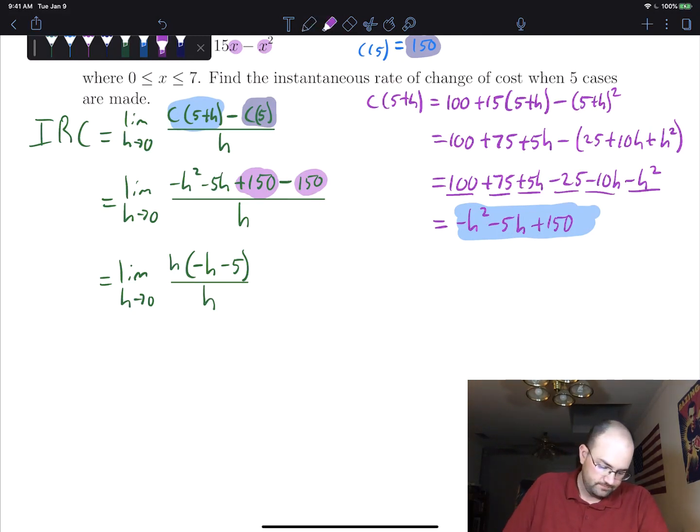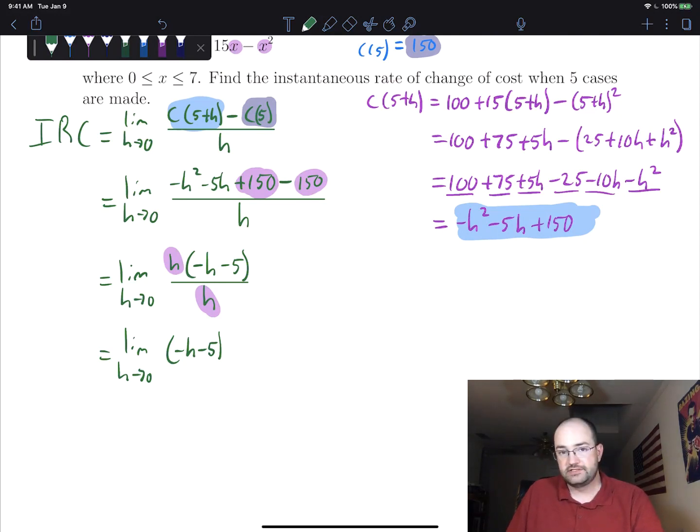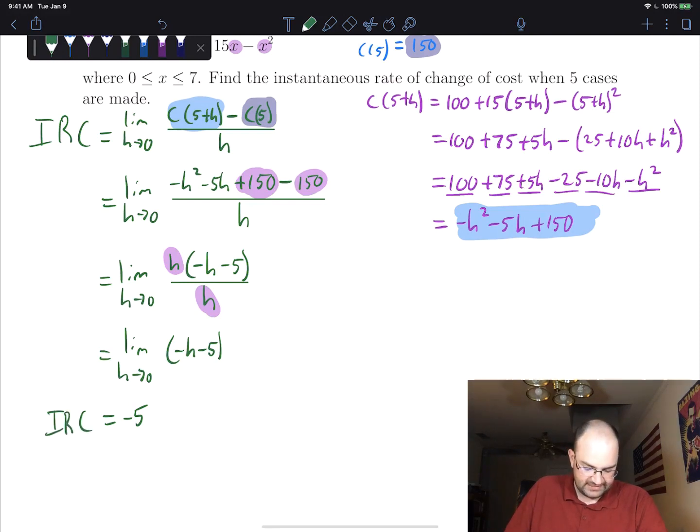And of course, now the h's cancel each other. And you're left with the limit as h goes to 0 of negative h minus 5. Plug in the 0 for the h. That gives me negative 5. And that is the instantaneous rate of change. It is negative $5 per case.